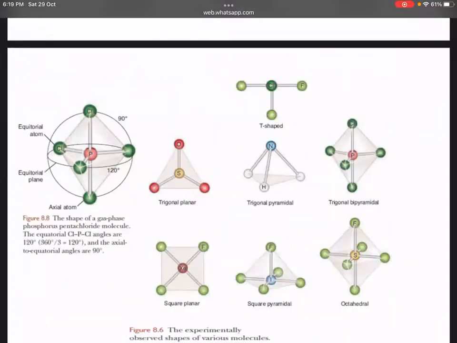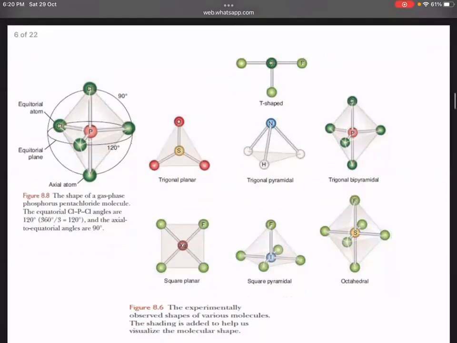So some of the molecules become T shape, triangular planar, trigonal bipyramidal, square. So these are the experimentally derived shapes of the molecules.